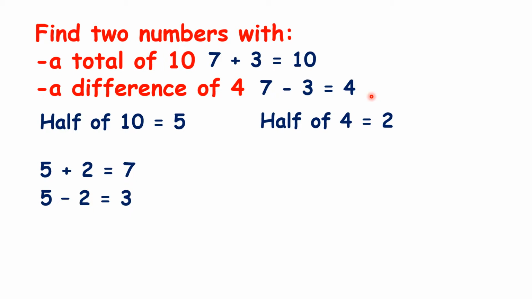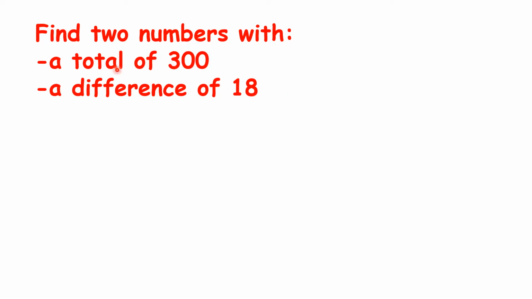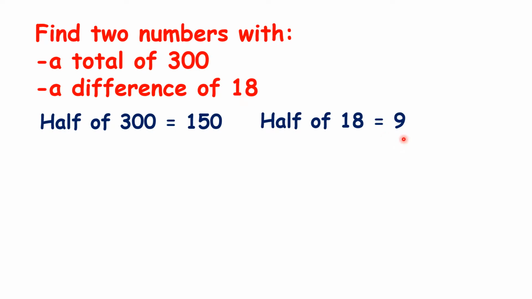This method helps us even if the numbers are much larger. So if we find half of 300, we have 150, and half of 18 is 9. So what do we do next?